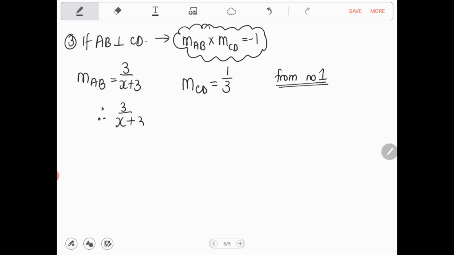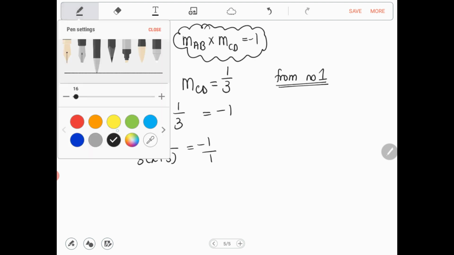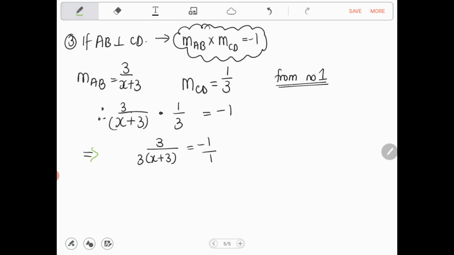So this gradient times this gradient has to be equal to -1. That's what we know. Product of the gradients has to be -1. And multiply numerator with numerator, denominator with denominator. Okay, and then I can either cross multiply or I can find an LCD.